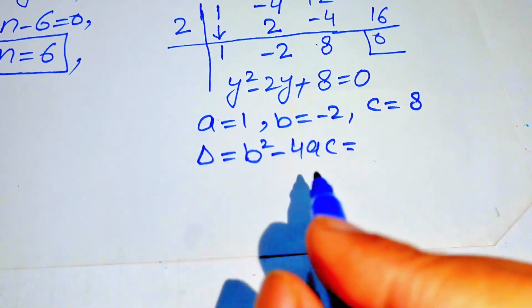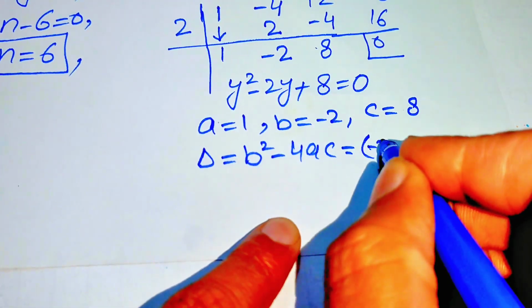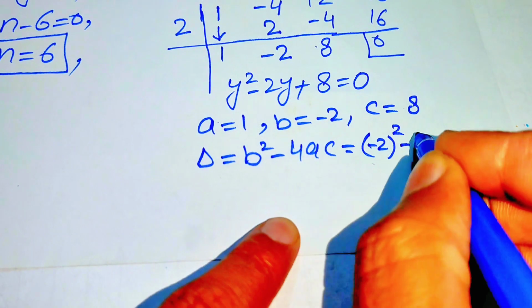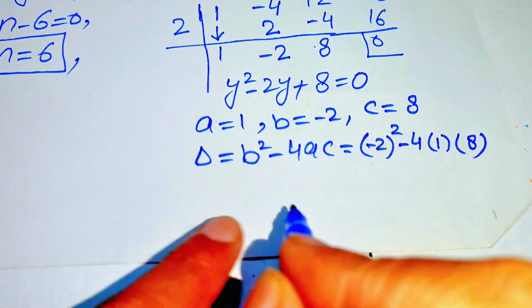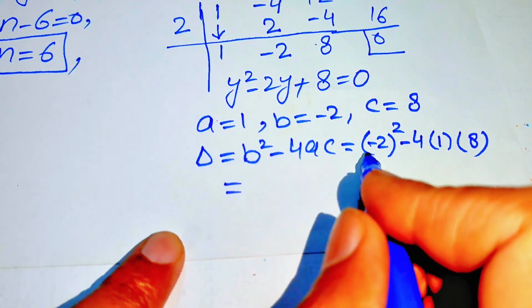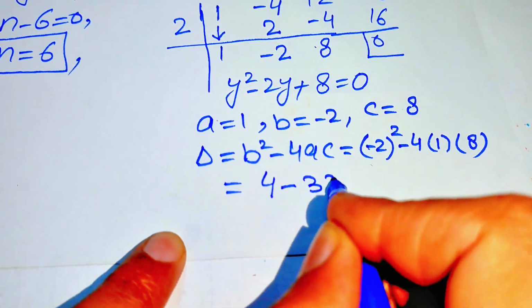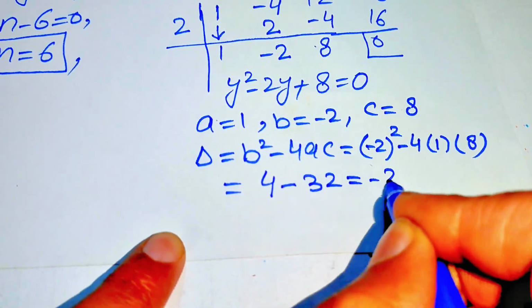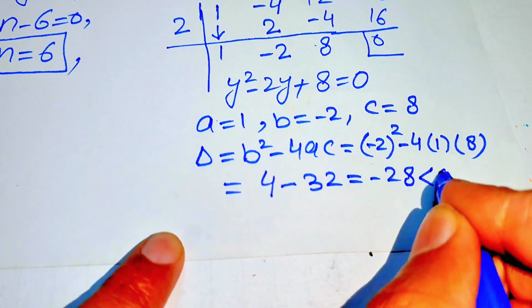Here we substitute the values of b, a, and c. Our b is minus 2 squared minus 4 times a, which is 1, times c, which is 8. Minus 2 squared becomes 4, and 4 times 8 is 32, so it becomes minus 28. This minus 28 shows that delta is less than 0.